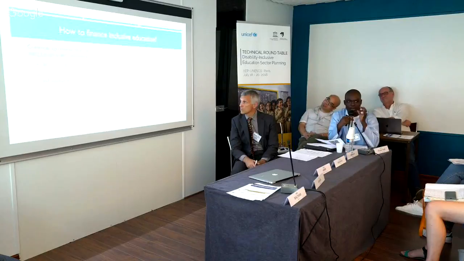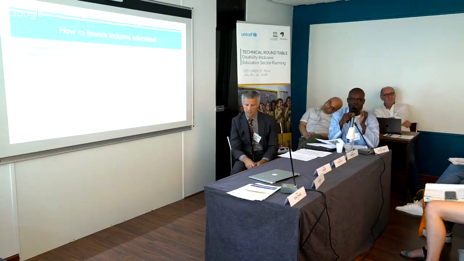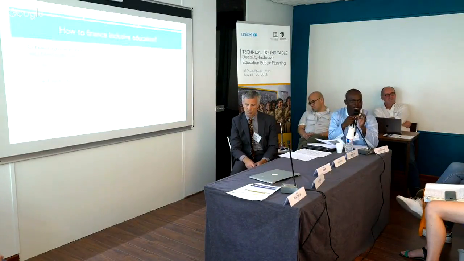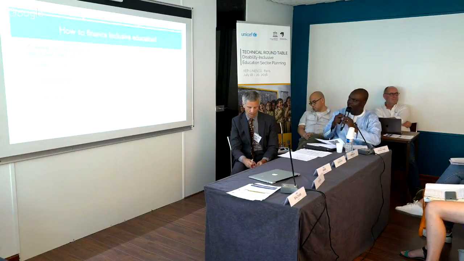The education budget should aim to improve and maintain the whole system with an inclusive lens. It's very important. We say that the government commits to leaving no one behind, so it's very important that it is done with an inclusive lens.